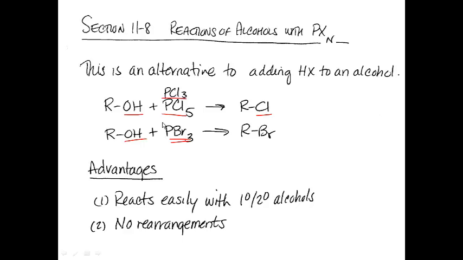And the other thing these reagents do is they replace the OH even if there's a possibility for rearrangement. No rearrangements occur because these reagents don't go through an oxonium ion intermediate. So these are actually a preferred method of converting OH to an alkyl halide.